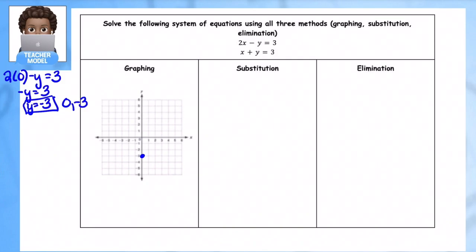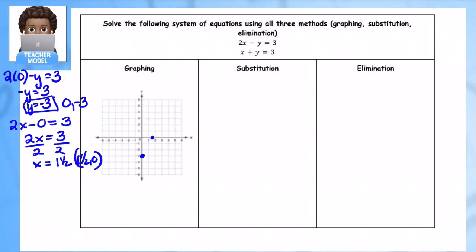And I'll do the same for when y is 0. X is 3/2 or 1.5. So this point is (1.5, 0).